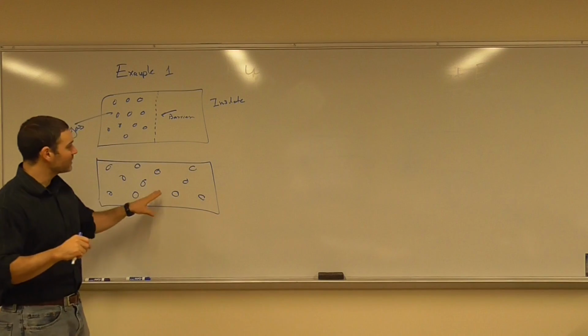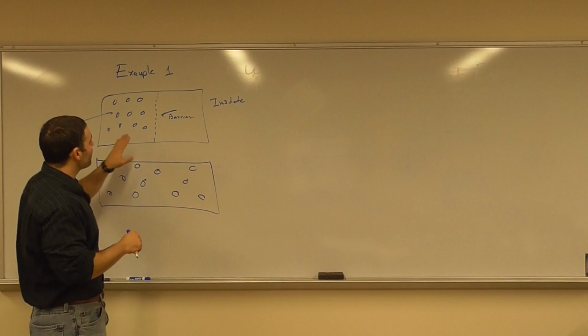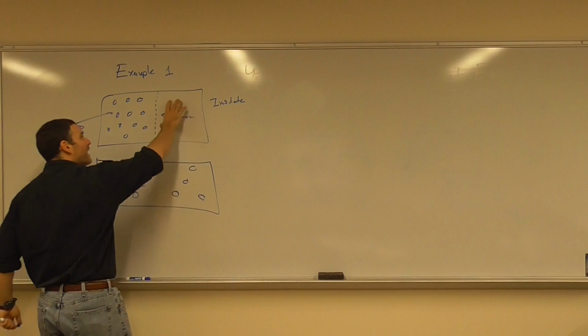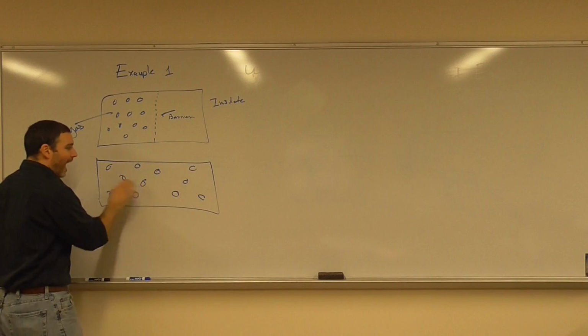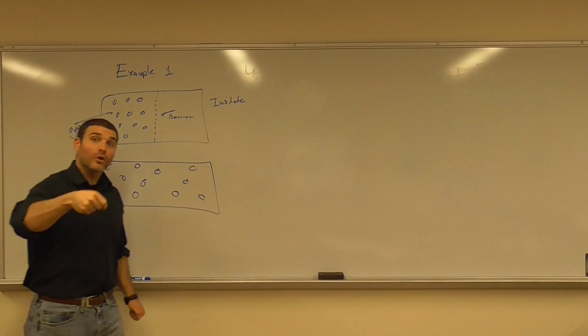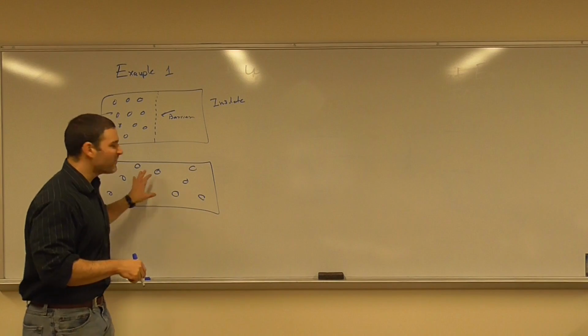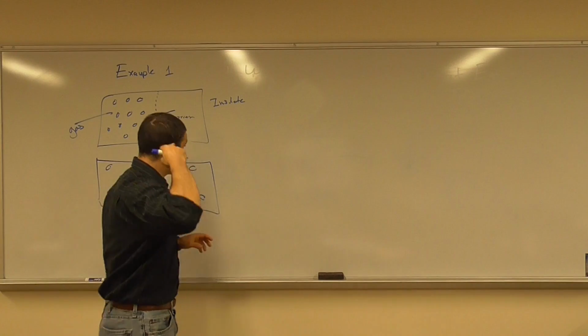There are lots and lots of ways that I can get this setup. There are relatively few ways that I can get that setup, because I lose an entire volume over here. So this is a higher entropy state. And what we observe is that systems like to be in this state. It's very unlikely otherwise. And here's another way that you could think about it.